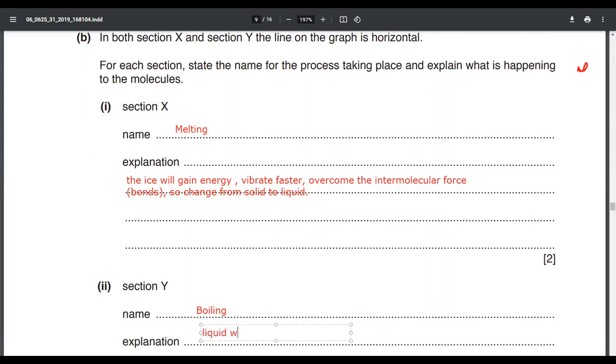The liquid will gain energy, again move faster, overcome the intermolecular forces or bonds, and then escape to the surroundings in the form of water vapor.